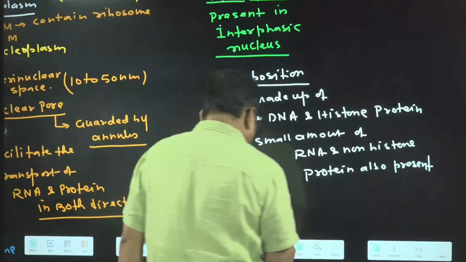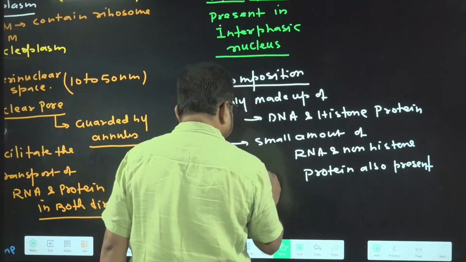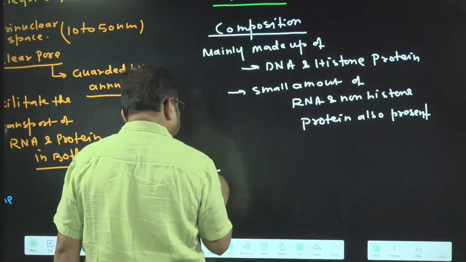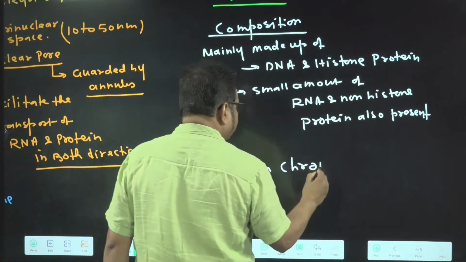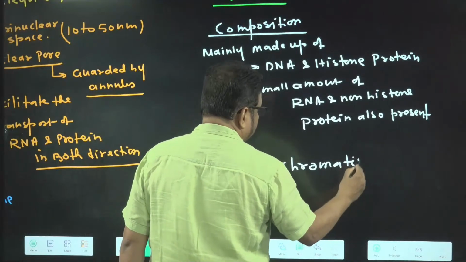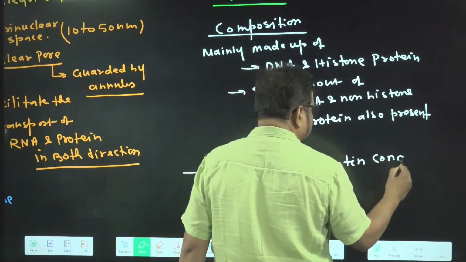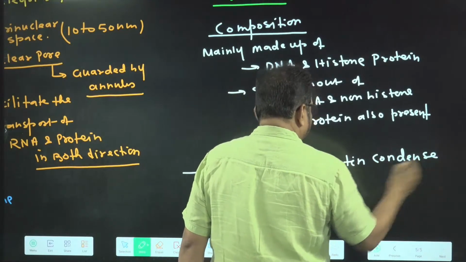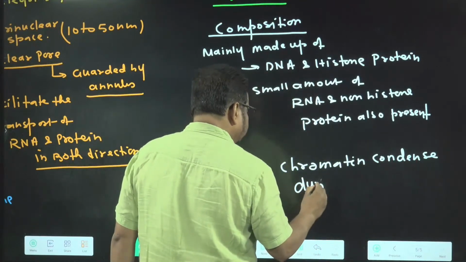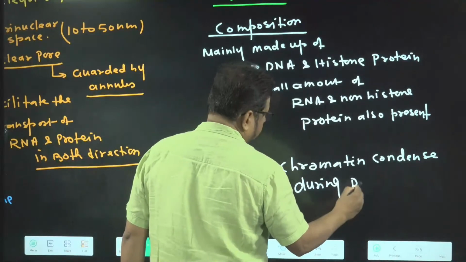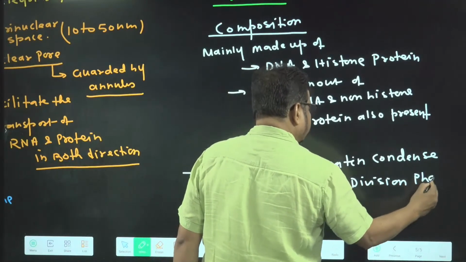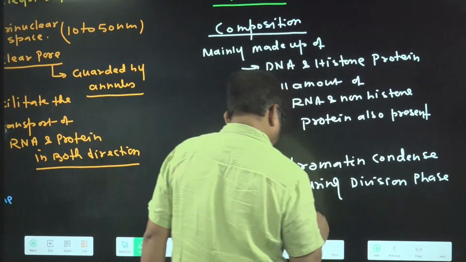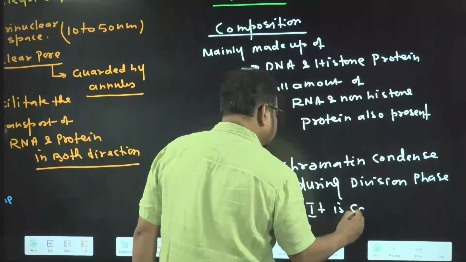So when chromatin condenses during the division phase, it is called chromosome.